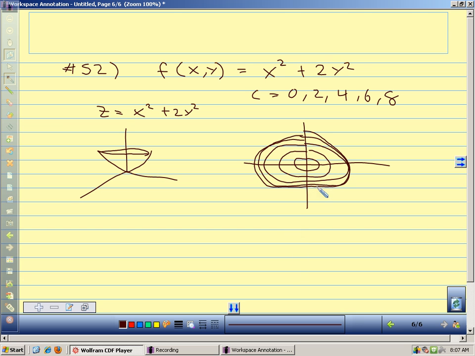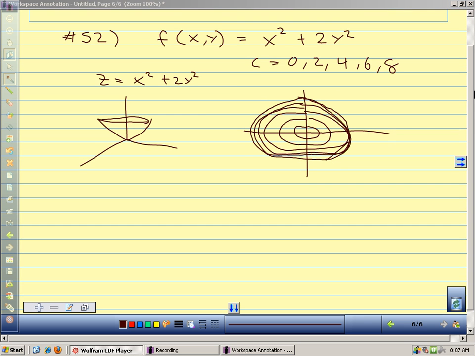So it's really, really bad ellipses. But as we go further out, our level curves would get closer together because our graph is going to get steeper. So that's like looking down into this from straight above and mapping out where the curves are constant.